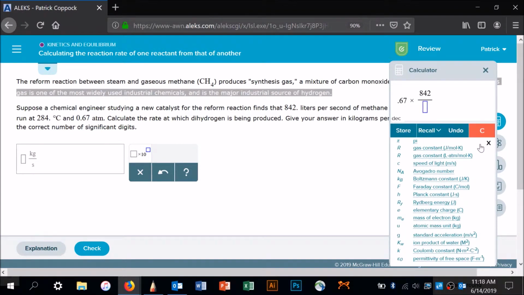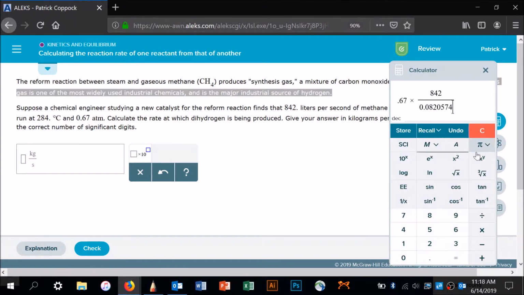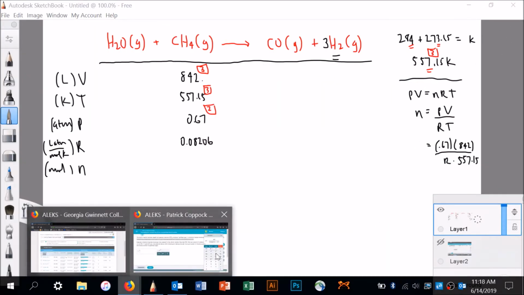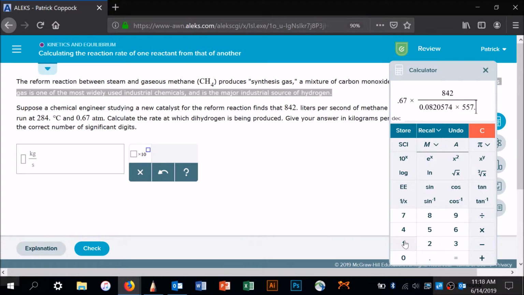I'm going to come to my constants, and my R for gas constant, liter atmospheres per mole Kelvin, is right there. Isn't that neat? Okay, and then in the denominator is my 557.15. And that's going to give me 12.339 something moles.